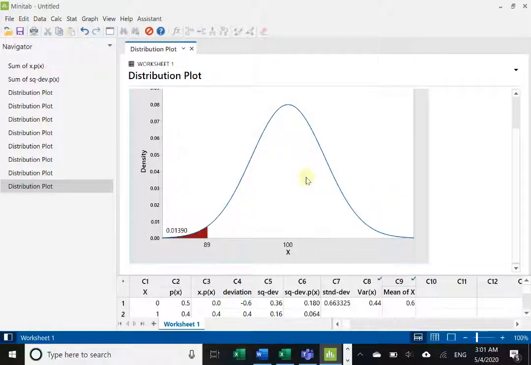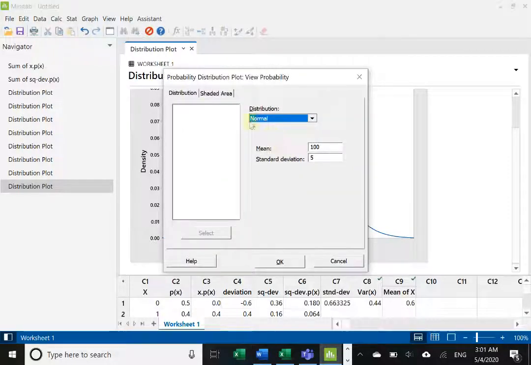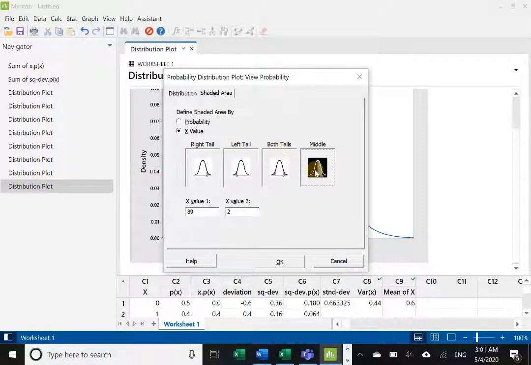And finally, between 93 and 107, so I'm going to go graph and view probabilities, and this time shaded area is in the middle. The lower number is 93 and the upper number is 107. Hit OK.